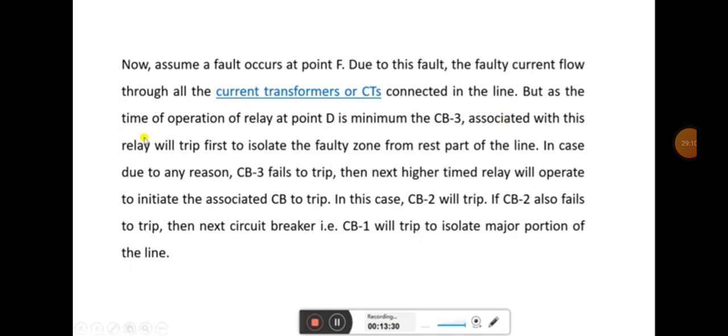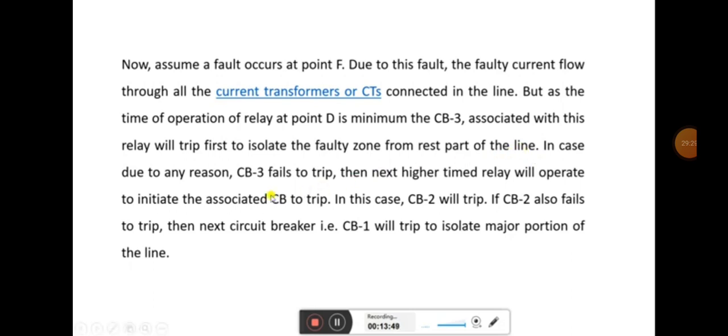But as the operating time of the relay at point D is minimum, the CB3 associated with this relay will trip first to isolate the faulty zone from the rest of the line.